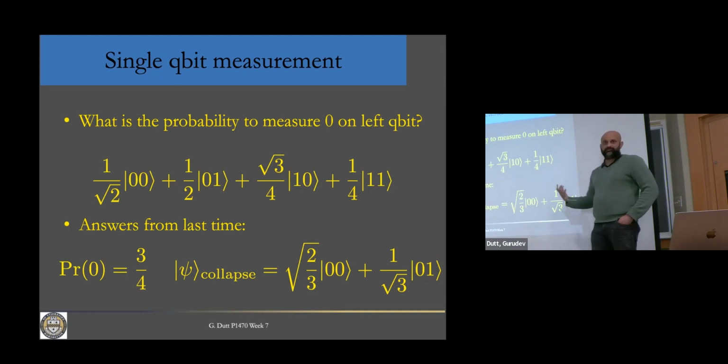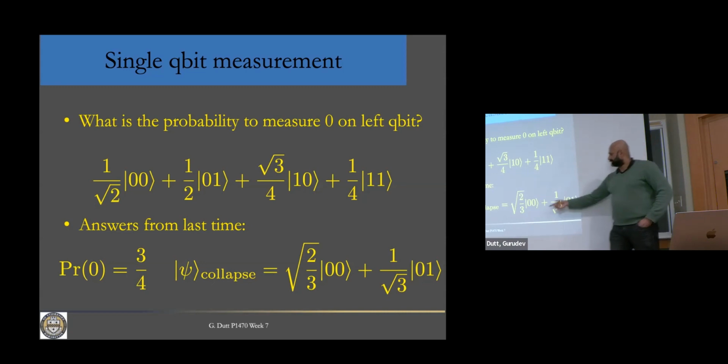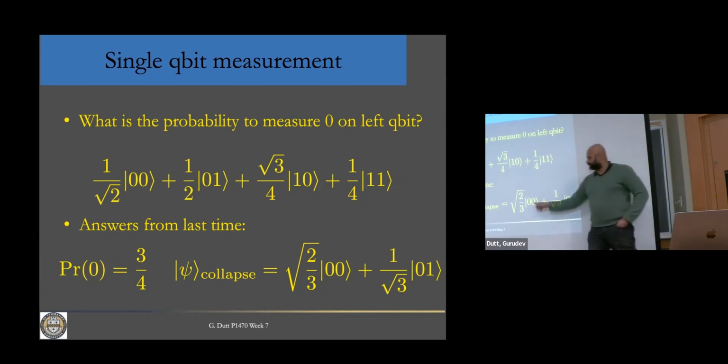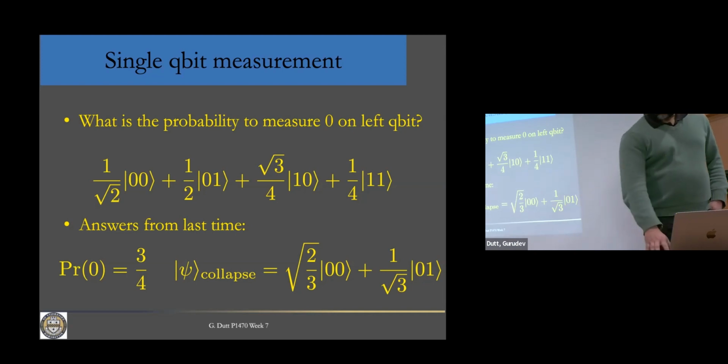After that left qubit has been measured, the new state of the system collapses to this state over here, where there's a 0 on the left qubit, and the right qubit is not fully determined. It could be either 0 or 1 with these probabilities, 2/3 or 1/3. That is what we discovered last time.